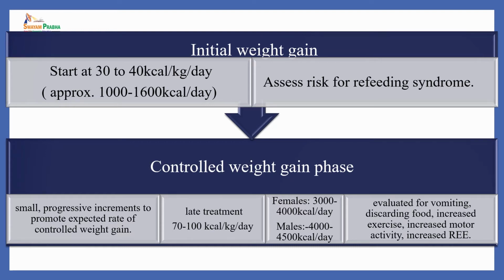Intake may have to be increased as high as 70 to 100 kilocalories per kilogram body weight per day. In some patients during this weight gain phase, we may aim for a weight gain of around half a kilo to 1 kilo, which is generally considered optimum.